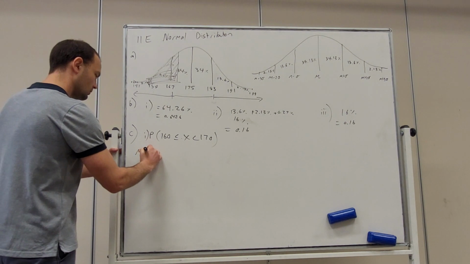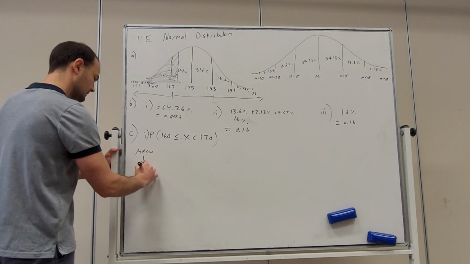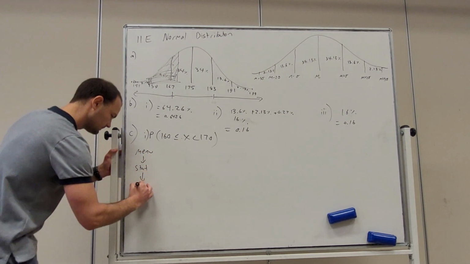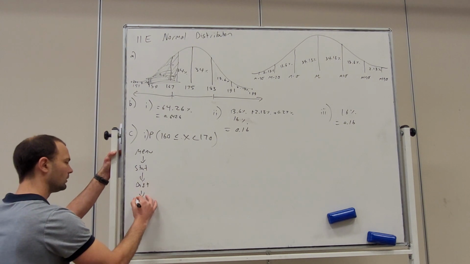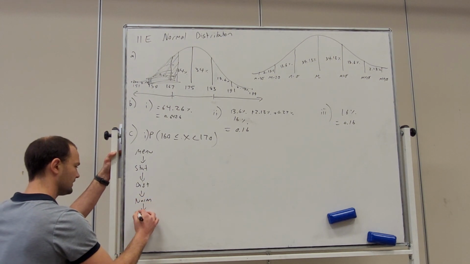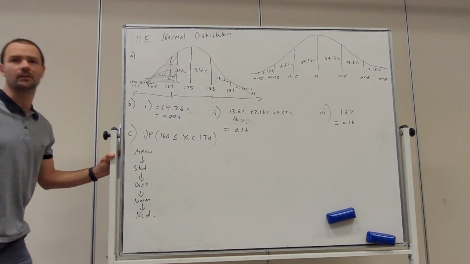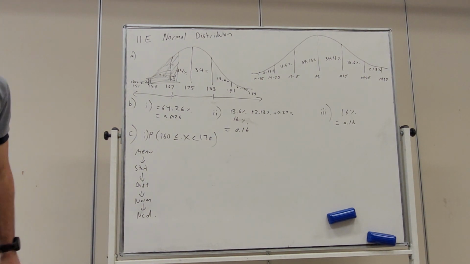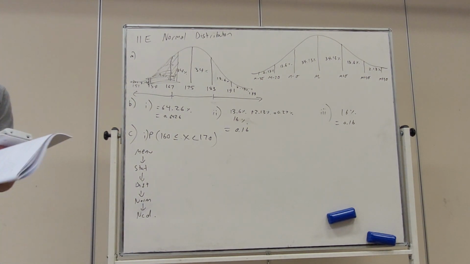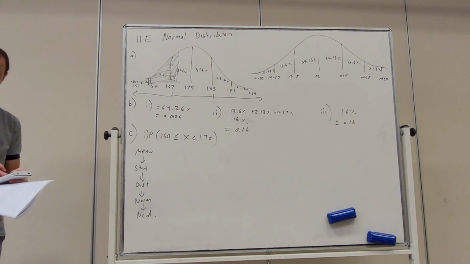We go into menu, we go statistics, distribution, normal, and NCD. So that's the calculator instructions: statistics, distribution, normal, NCD.